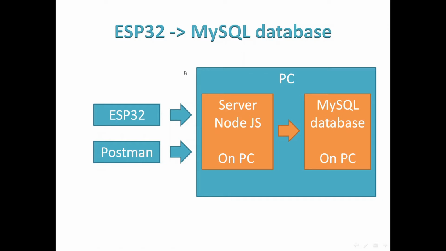In previous videos, we created the ESP32 ESP IDF project, only the directory, and created the file for the NodeJS server inside Express framework. In this video, we will establish the NodeJS server and we will establish a MySQL database on the PC.